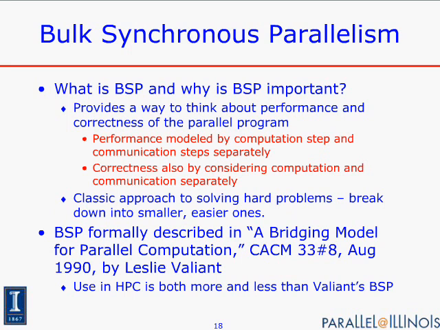And this is similar to the bulk synchronous programming that I talked about. There are a few differences, one being that many practitioners of bulk synchronous programming don't consider the performance as much a first-class part of the model as it is for bulk synchronous parallelism.